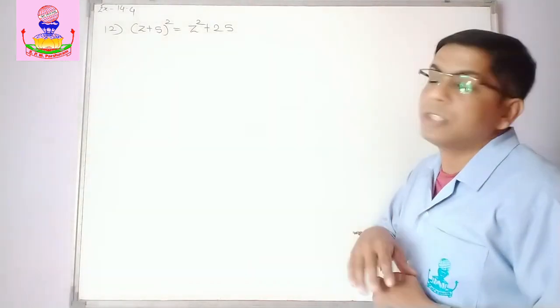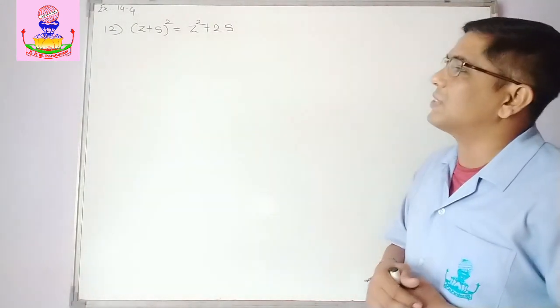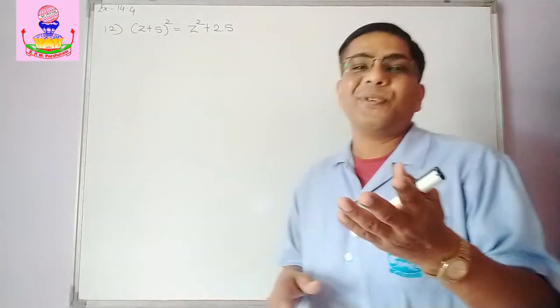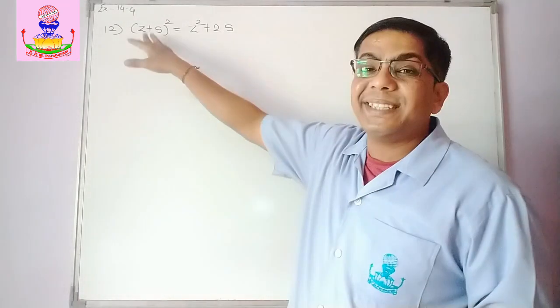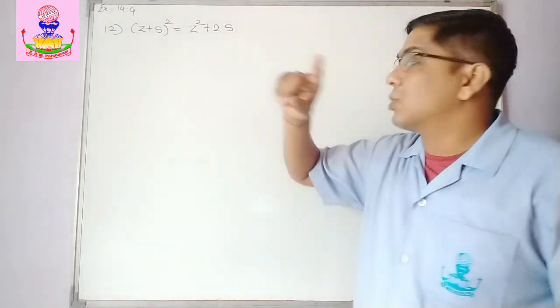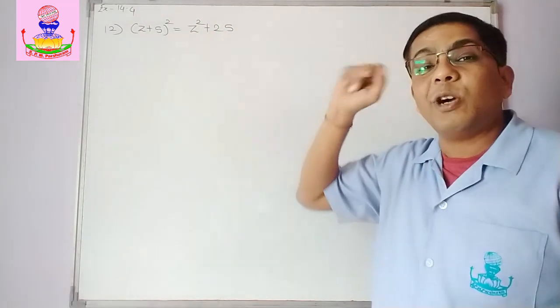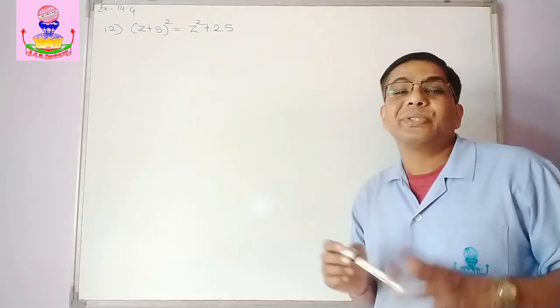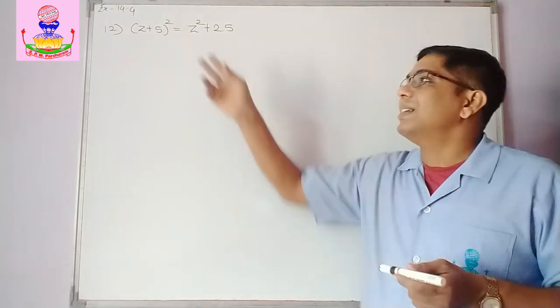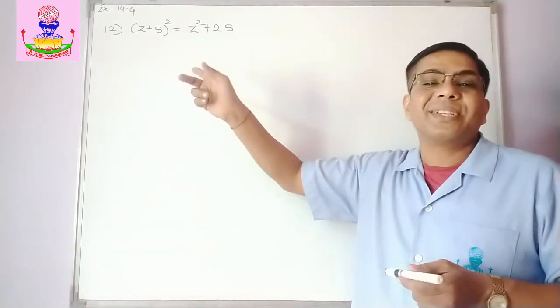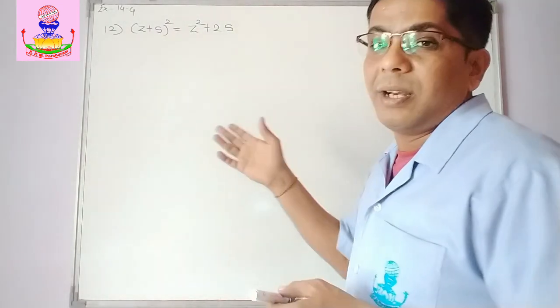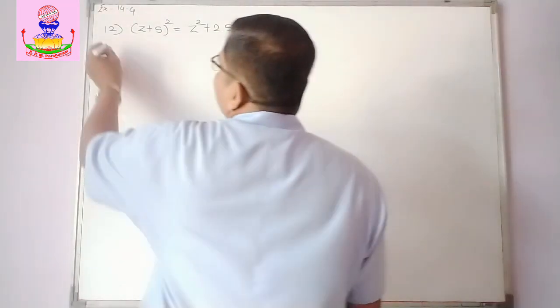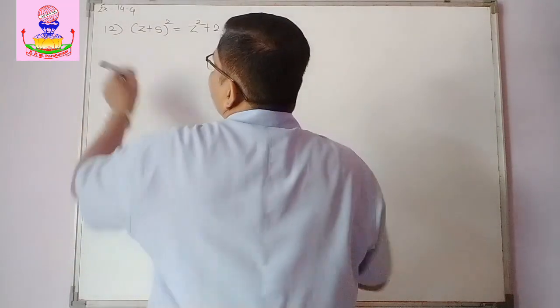Now next, 12th example. Now see, z plus 5 whole square is equal to z square plus 25. Is it right? Of course not. Why? Because this is identity number 1, so we should check whether the formula is used correctly or not. Here the formula is not used correctly. So this is an incorrect statement.